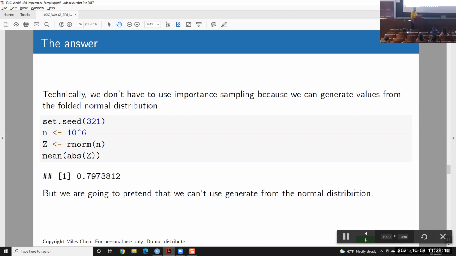Okay, so again, very easy, we can do this, right? Just generate 1,000,000 values from the normal distribution, take the absolute value, take the mean, and we get 0.79738, okay? And that's a good estimate for what the mean of the folded normal distribution is. But we're going to pretend we can't do this. We're going to pretend we're not able to generate from the normal distribution.